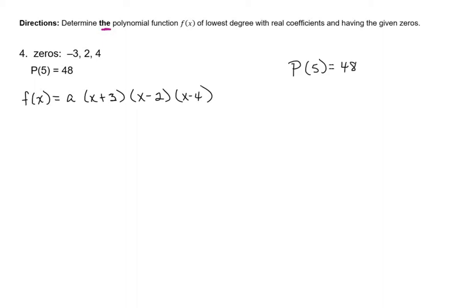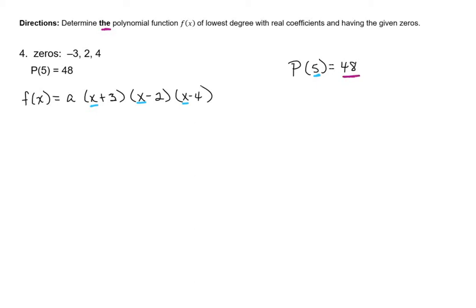Okay, now what I'm going to do is use this information that p of 5 or f of 5 equals 48. So remember, this 5 is my x term. So 5 is going to go in place of all of these x's over here, and this 48 is my function value at 5, so p of 5 or f of 5.